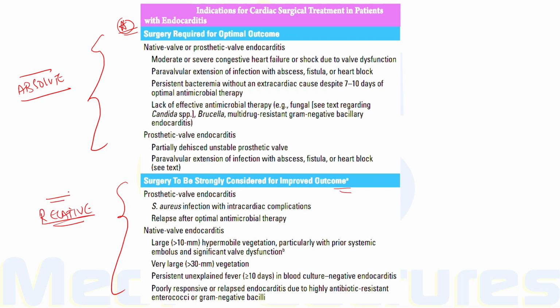So absolute indication in native valve or prosthetic valve endocarditis includes if the patient has moderate or severe congestive heart failure or shock due to valve dysfunction, if there is paravalvular extension of infection with abscess, fistula, which can lead to heart block, persistent bacteremia without an extracardiac cause despite 7 to 10 days of optimal antimicrobial therapy, lack of effective antimicrobial therapy for organisms like fungus, brucella, MDR gram-negative bacillary endocarditis.